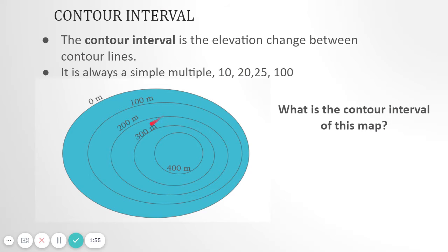Between this line and the next, from 100 to 200, the change in elevation is again 100 meters. So the contour interval for this map is 100 meters. And that's as simple as it is. Sometimes you'll be given contour interval on the map, sometimes you won't. If you're not given it, you will need to figure it out by looking at labeled elevations and subtracting.